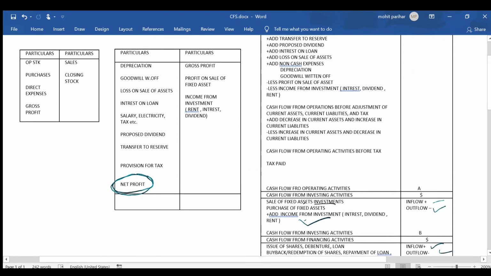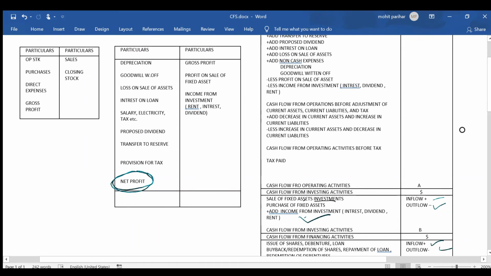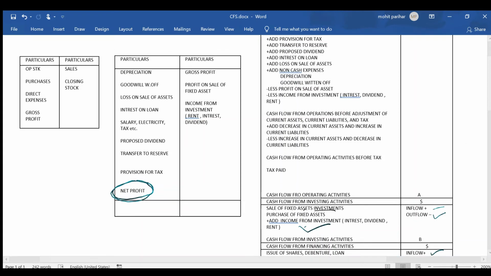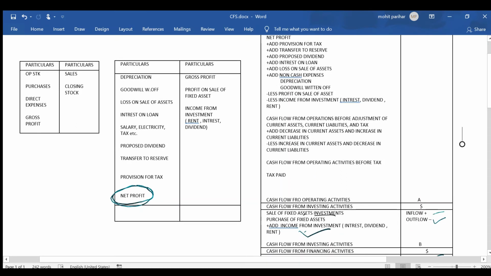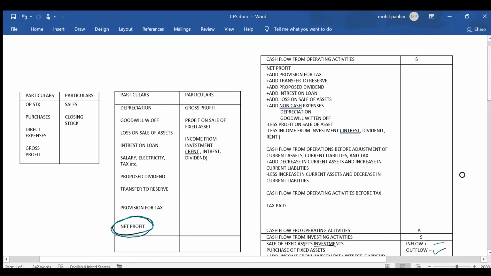Those adjustments include removal of non-cash items, removal of items which are not a part of operating activities, and removal of incomes and expenses which are also not a part of operating activities.